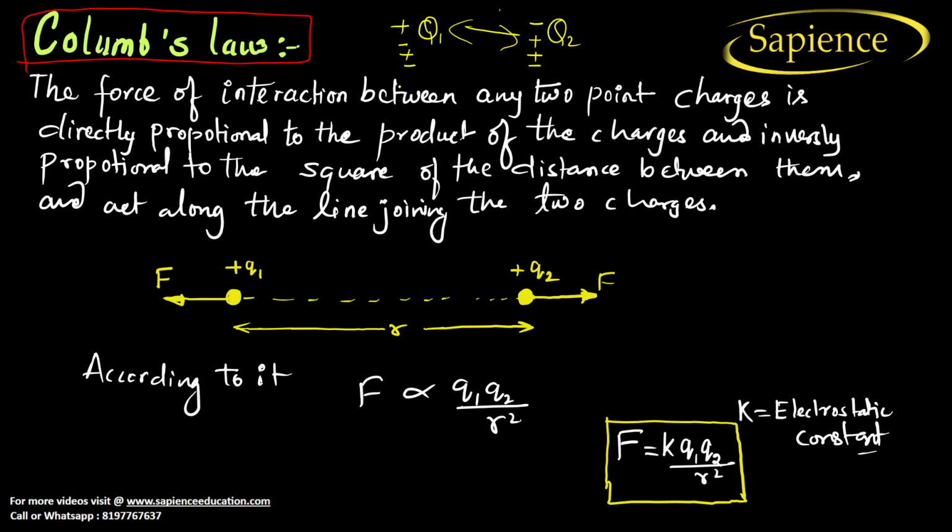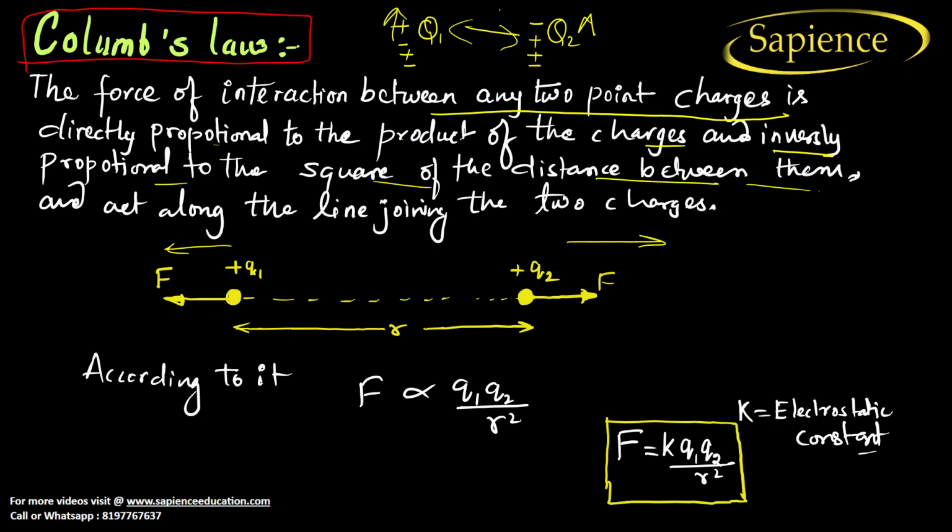The force of interaction between any 2 point charges is directly proportional to the product of the charges. It means that the greater the quantity of charge, the greater the force, and it is inversely proportional to the square of the distance between them. If you increase the distance, what will finally happen? Force will decrease.